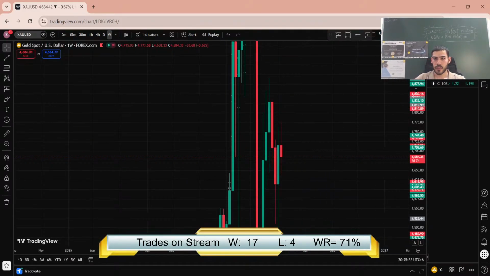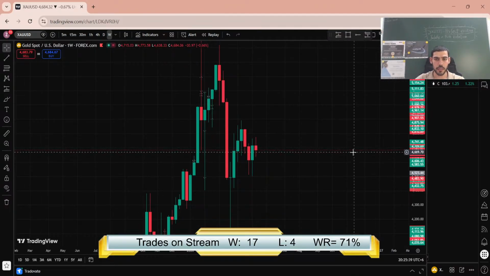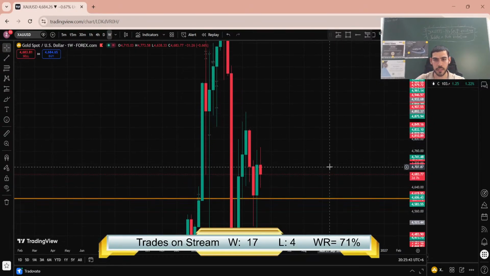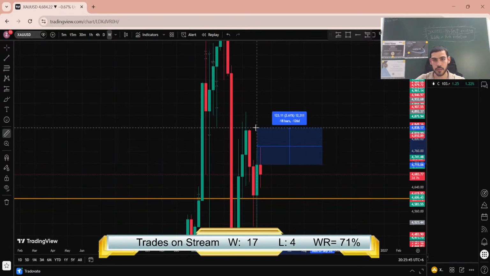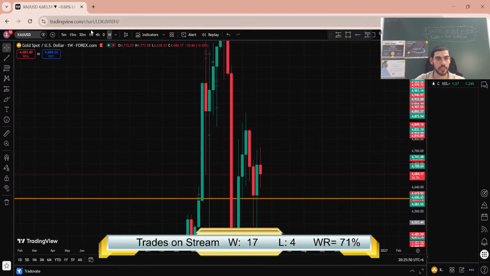So wow, as we can see here on the weekly time frame on gold, we have created a support on the weekly, and it looks like price tried to tap this range but it failed, and now I believe this candle wants to flip and continue to the upside.